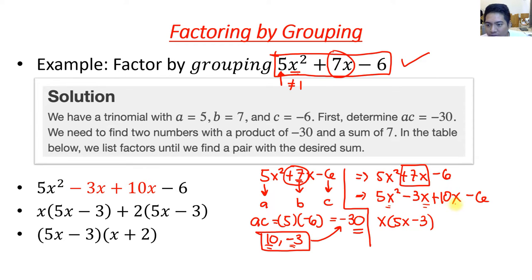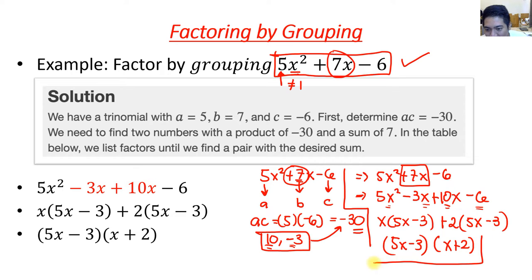And I can also factor out 2 from 10 and negative 6, so that would be plus 2 times 5x minus 3. If I multiply 2 times 5x, that would be positive 10x, and 2 times negative 3 would be negative 6. So now I have a common 5x minus 3, so that would be 5x minus 3 times x plus 2. That would be the factor.